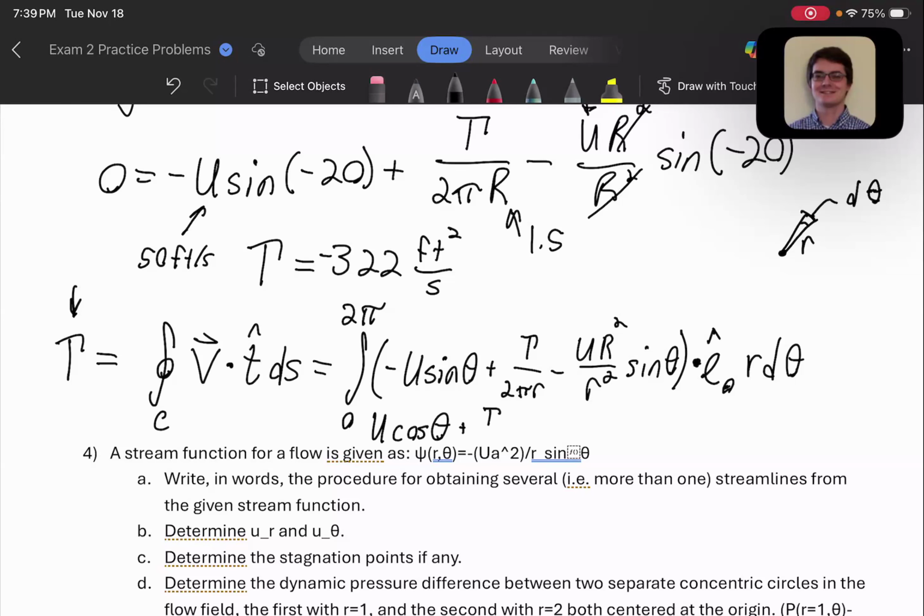It's going to be gamma theta over 2 pi r, minus, then we have the same thing, where it should be plus u r squared over r squared cosine theta. That is all times r, from 0 to 2 pi.